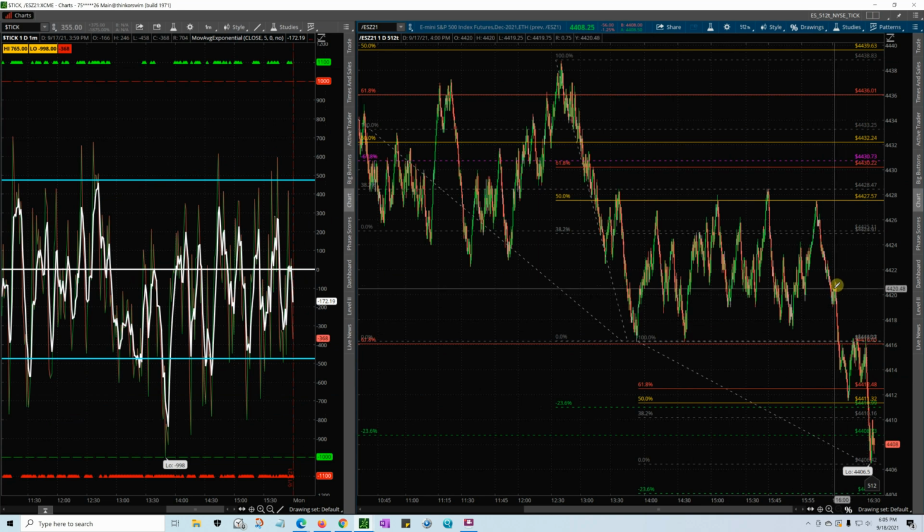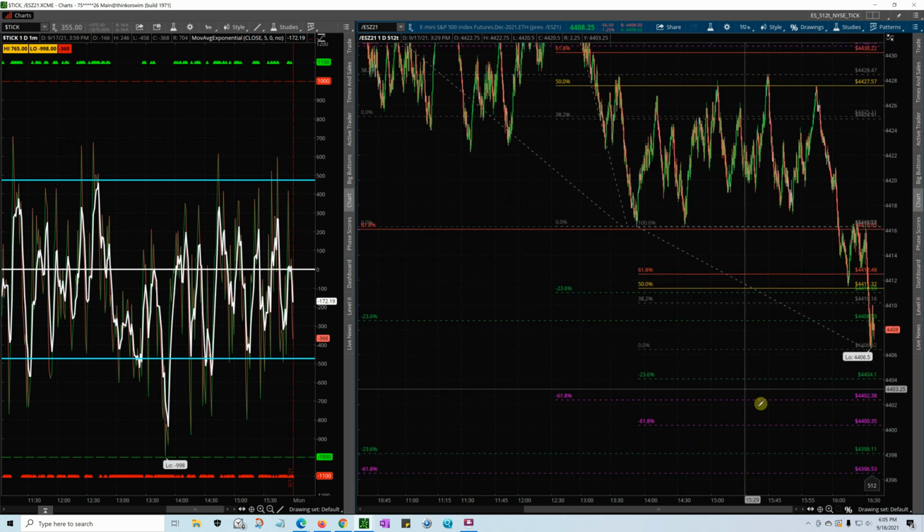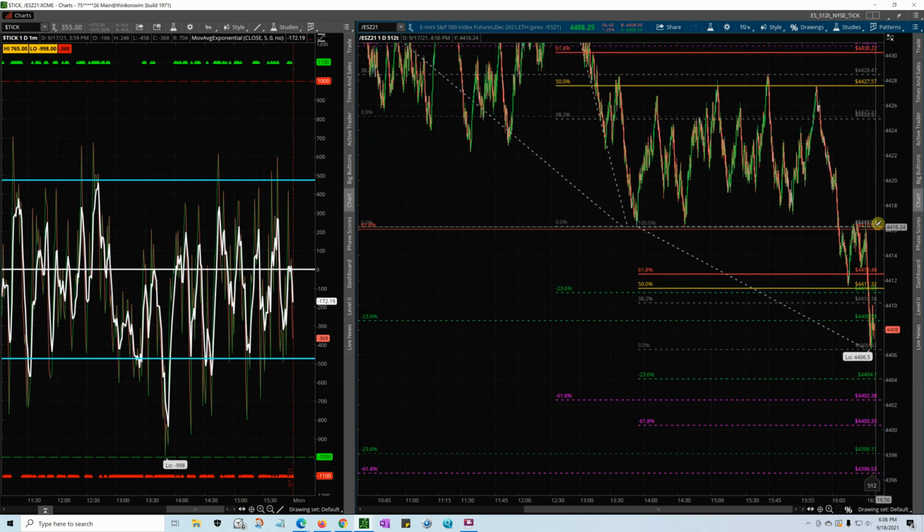Here was the bell, and then 2 seconds after the bell rang, they puked another 15 points. And so Sunday evening, it will be interesting to see if they hang out down here overnight, European session. Watch for this to pop back above the 618 line on Monday morning.